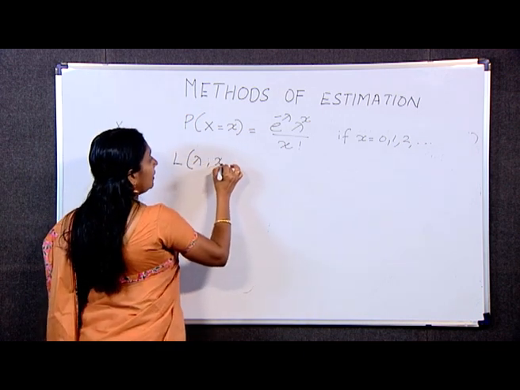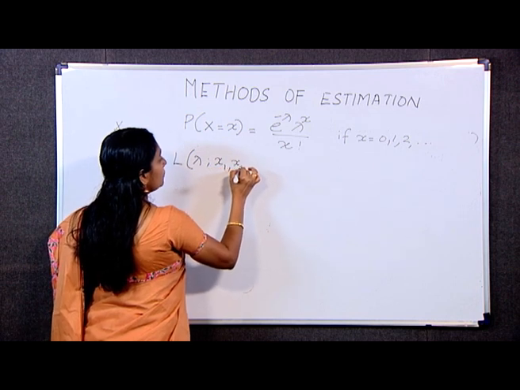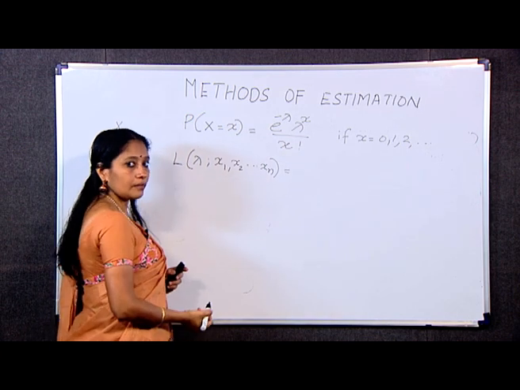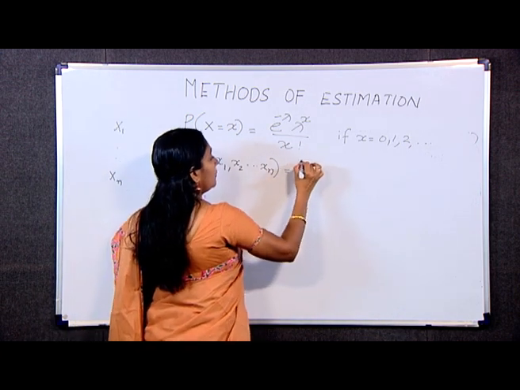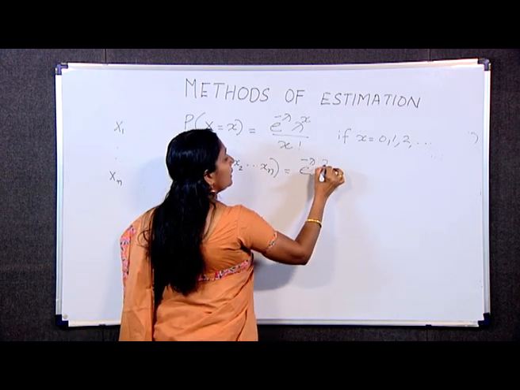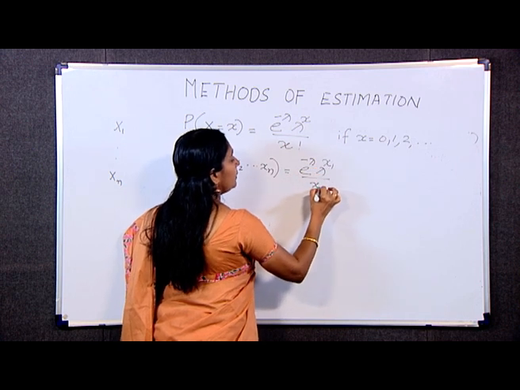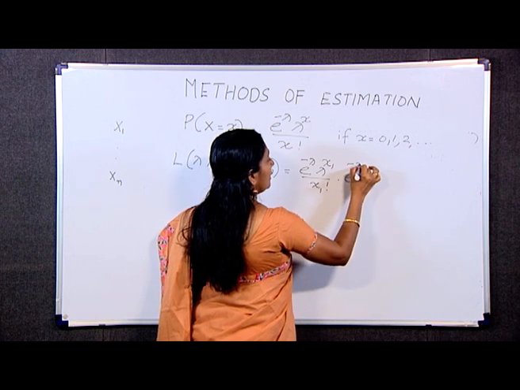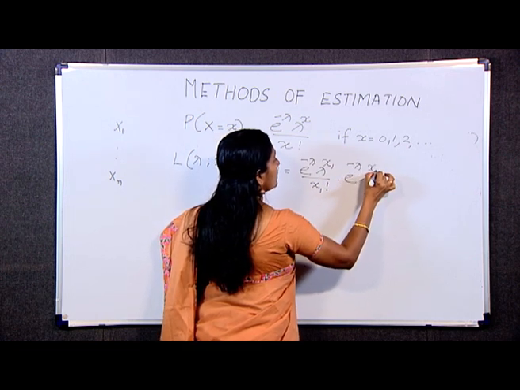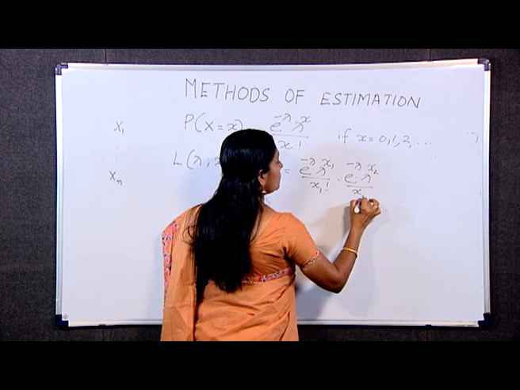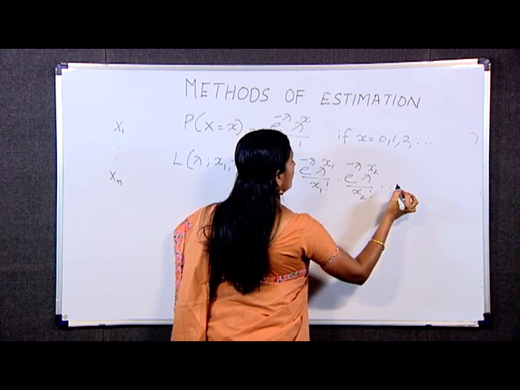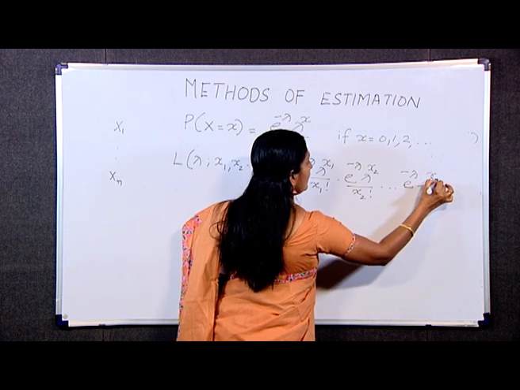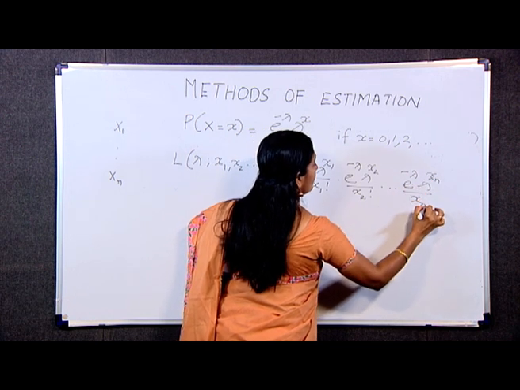It is L of lambda given x1, x2, etc., xn is equal to e raised to minus lambda, lambda raised to x1 by x1 factorial into e raised to minus lambda, lambda raised to x2 divided by x2 factorial, etc., e raised to minus lambda, lambda raised to xn by xn factorial.